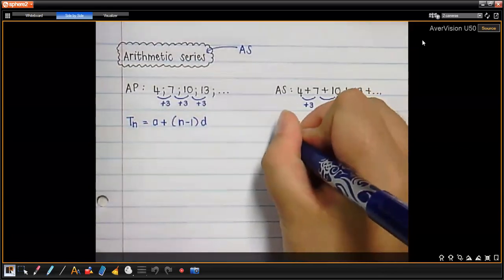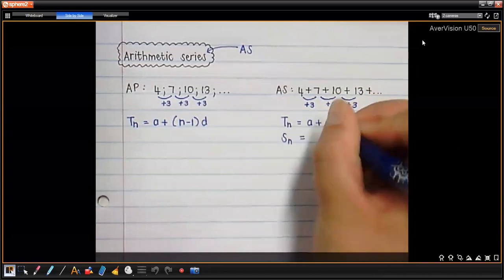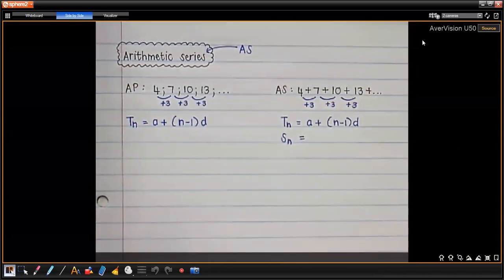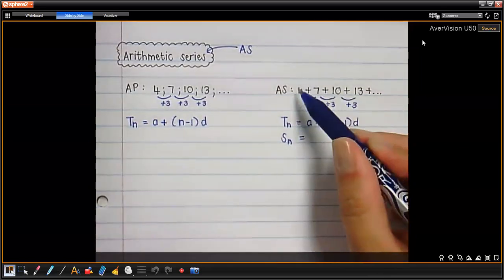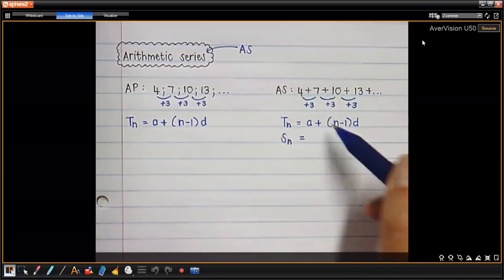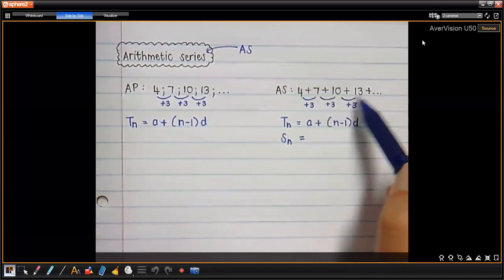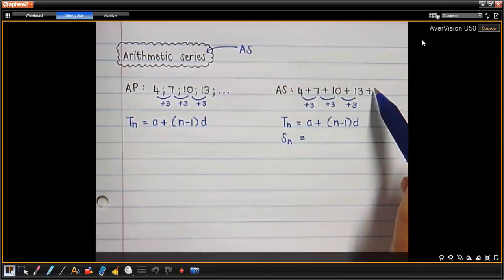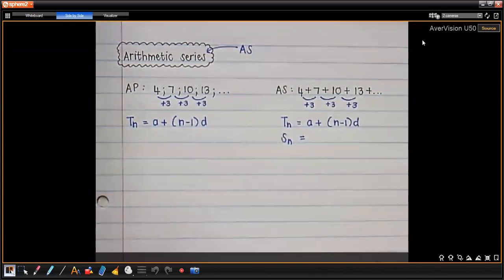We are going to use the Sn formula, like that. S is now the sum of the first however many terms. If that is a 4, it's the sum of the first 4 terms. In other words, when you sub the values in, it's going to give you the answer when you add these 4 together. But if you put in a 10, it's going to give you the value that you get when you add the first 10 terms together.